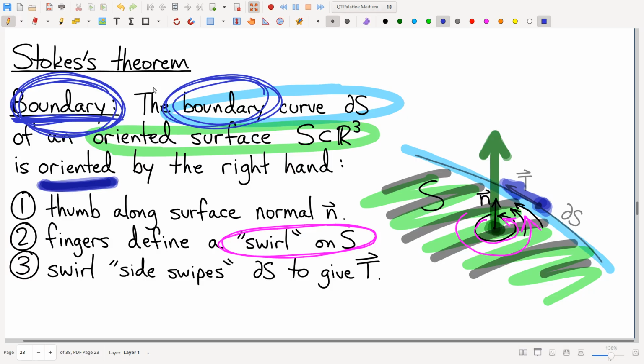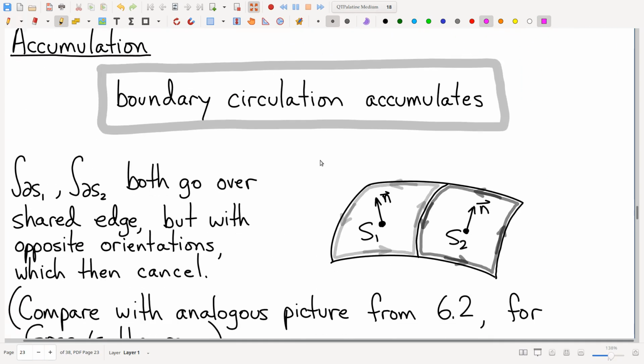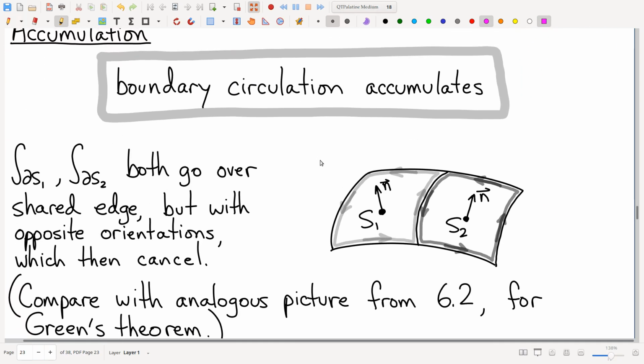All right. Well, example number 6. I've lost count. But we've seen the following many, many times. We have an accumulating quantity. Here, I claim that boundary circulation is one.